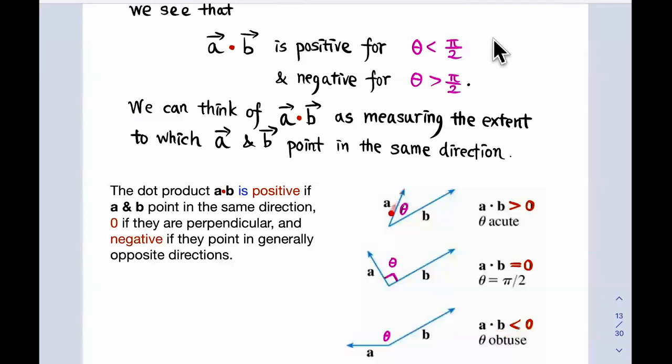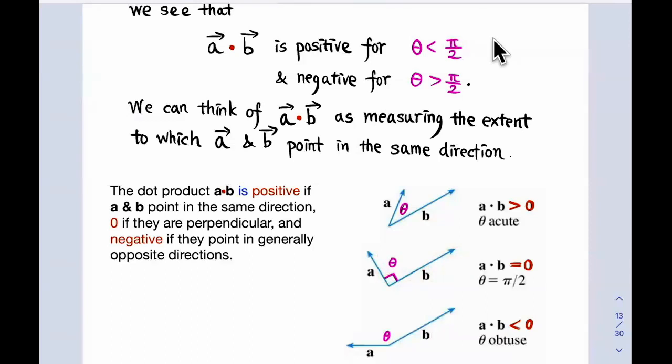As you can see, when the dot product is positive, the vectors are pointing in kind of the same direction. When the dot product is 0, they are perpendicular, or orthogonal.